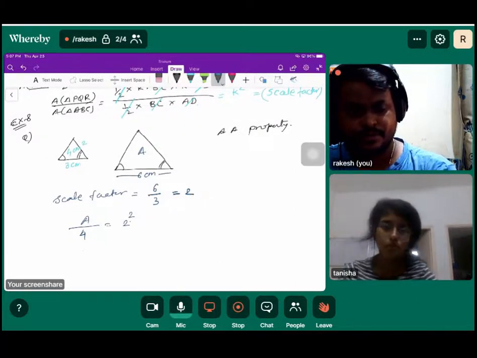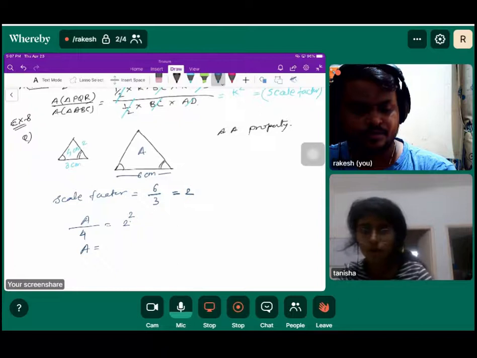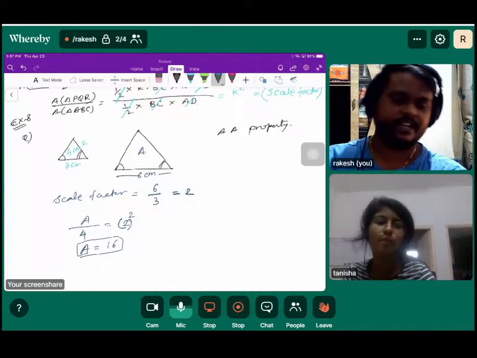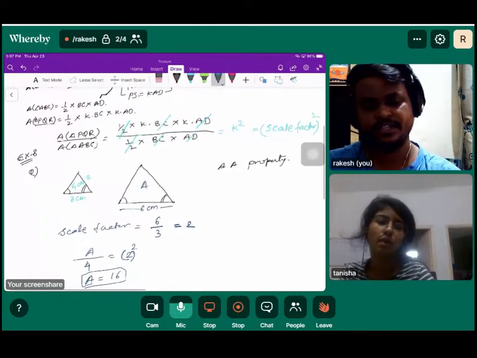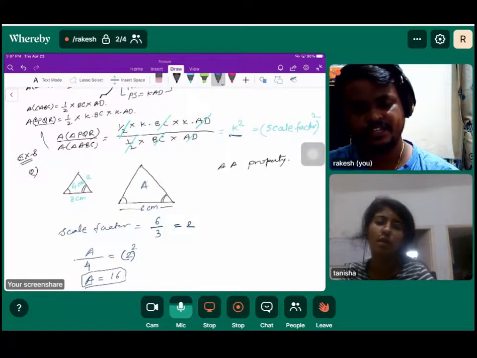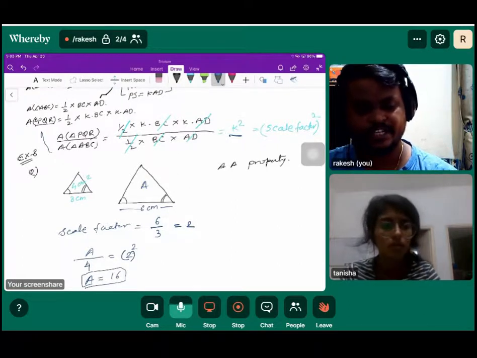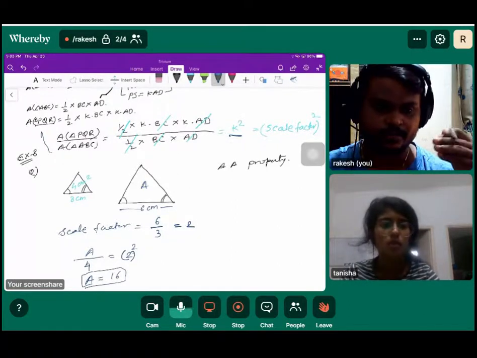So 2 squared will be the ratio, 4. 2 square is the ratio, the square of the scale factor. See, I wrote one formula there. I tried to explain this also. How do we figure out k square? That is basically the ratio of area of similar objects.